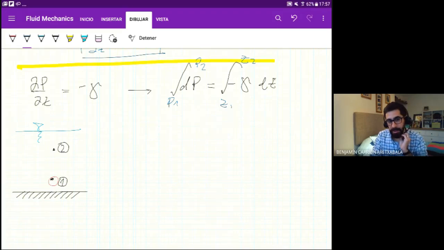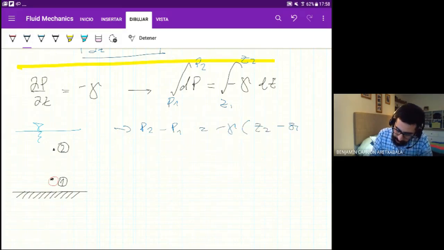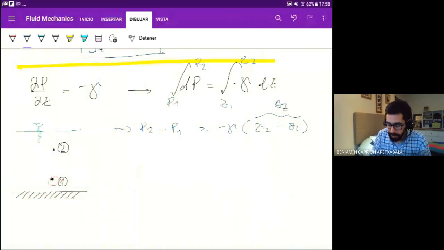Because it doesn't change with pressure. So we could move gamma outside of the integral. So if we integrate here, we end up with P2 minus P1 equal to minus gamma (Z2 minus Z1).